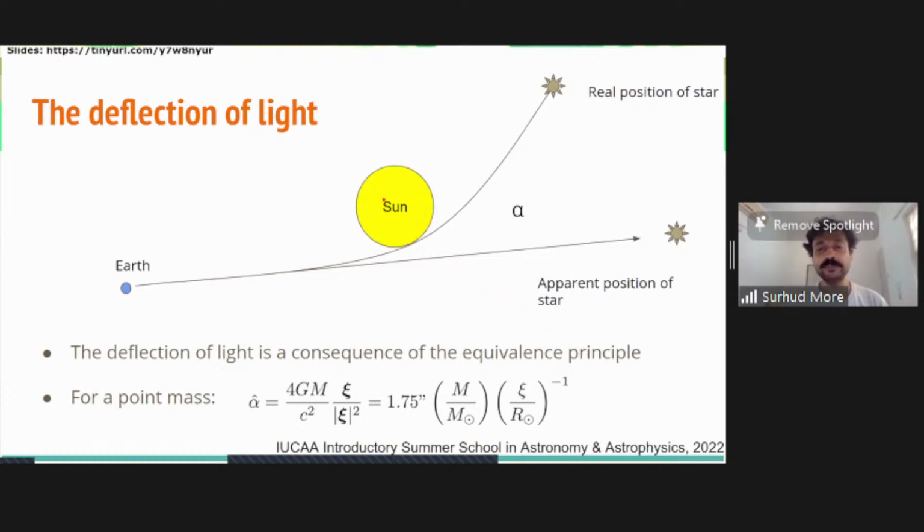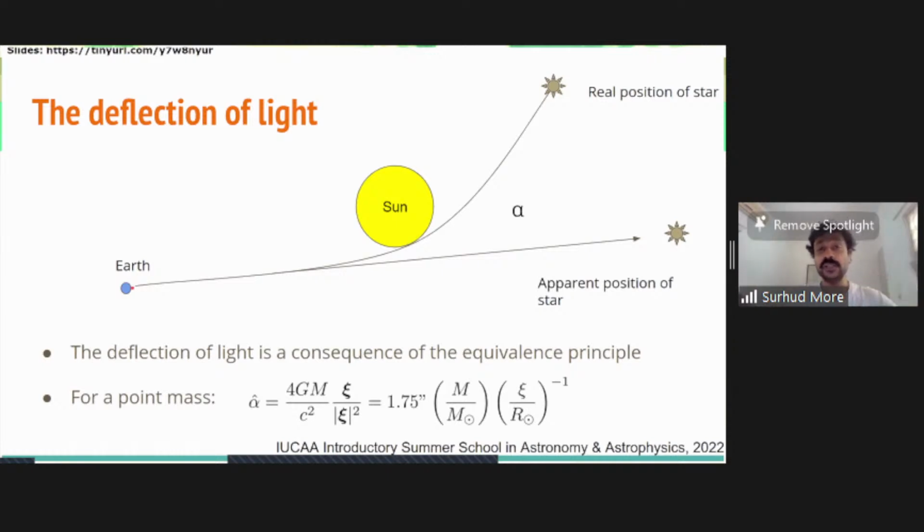Okay, so he asked, if you consider a star which is far away from us, the sun is in between, and the earth is here. Now, let's consider a path of a light ray which is just grazing the surface of the sun. Then you expect it to be deflected and to reach earth here.